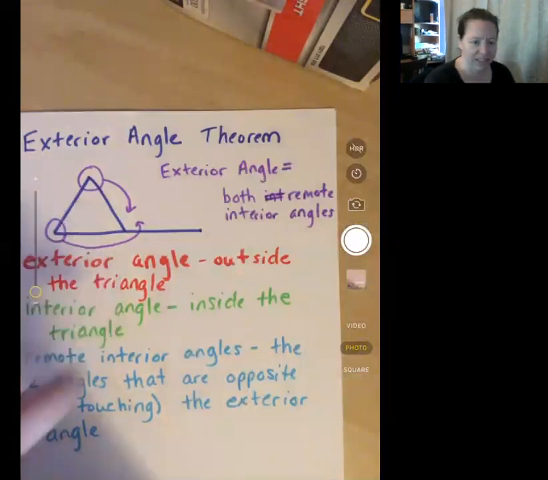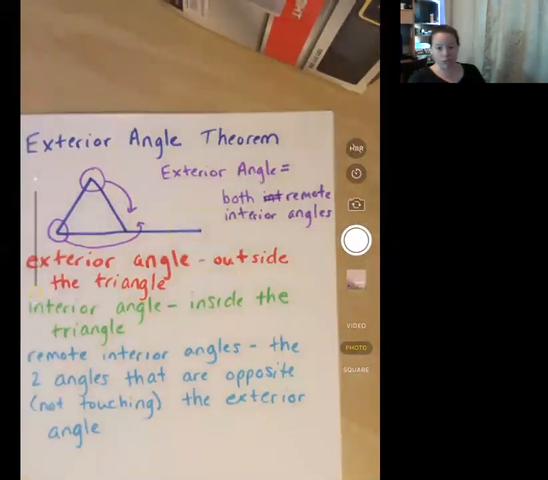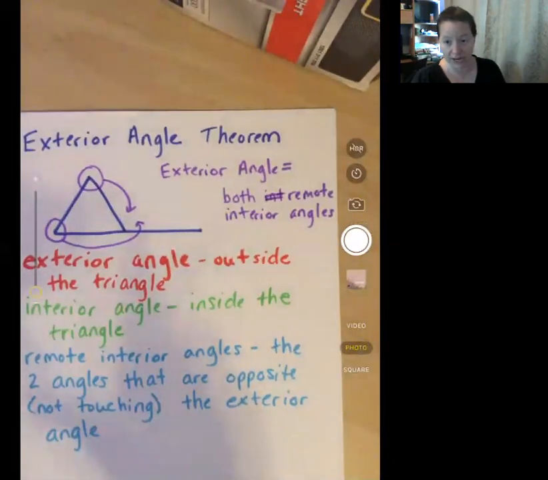Okay, so the one exterior angle is equal to both remote interior angles.